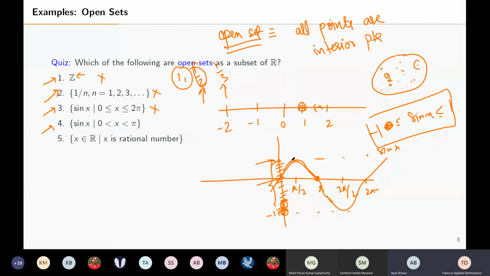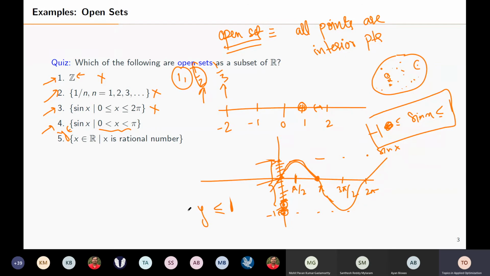All of you see this. The maximum value sine achieves is at pi by 2, which is inside this interval, so the maximum value 1 is achieved. So that is less than or equal to for this set. Let us say y belongs to this set.